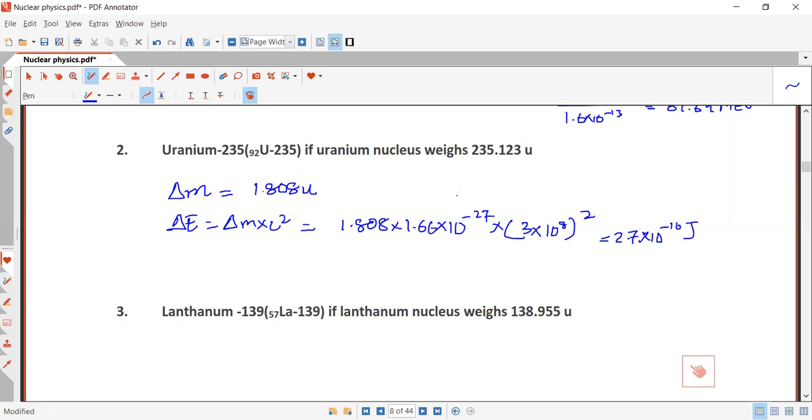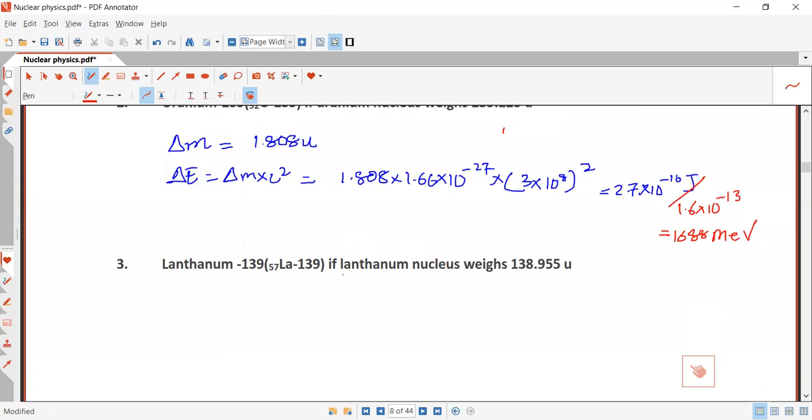If we divide it by the conversion factor to convert it into million electron volts, we can see what happens. It is 1688 million electron volts, right?